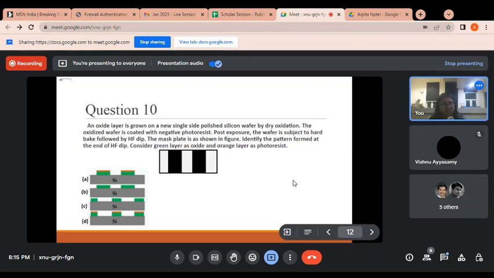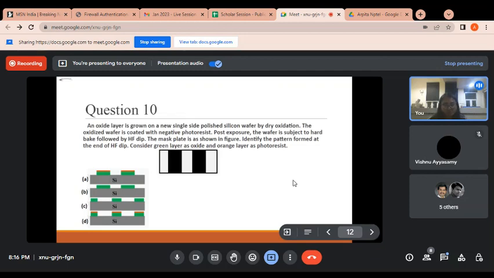But what is going to happen for the negative photoresist then? Vishnu? Ma'am, the covered layer will be the transparent layer, ma'am. Yes, it is not transparent. The covered area will be more soluble. It is the opposite of the positive photoresist.